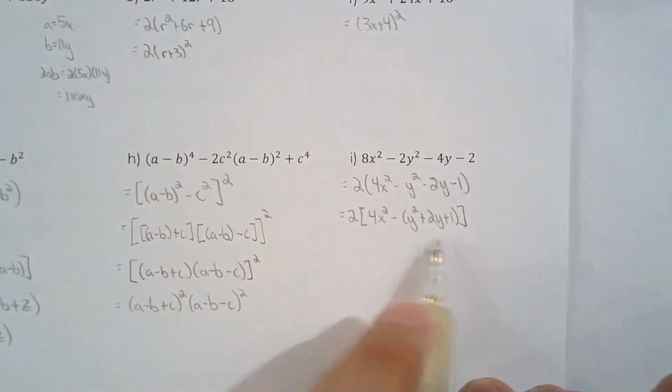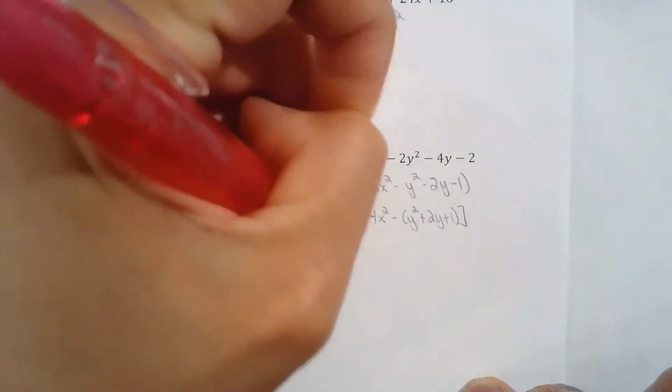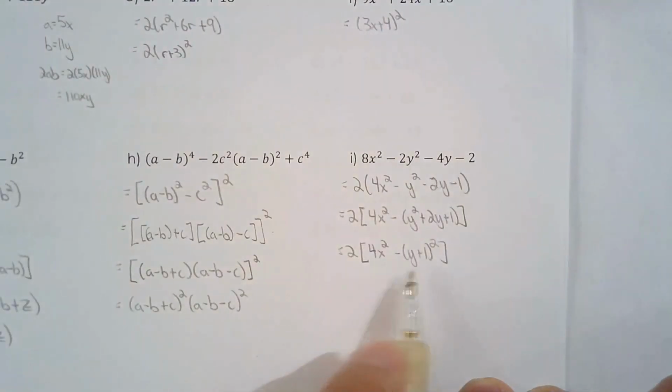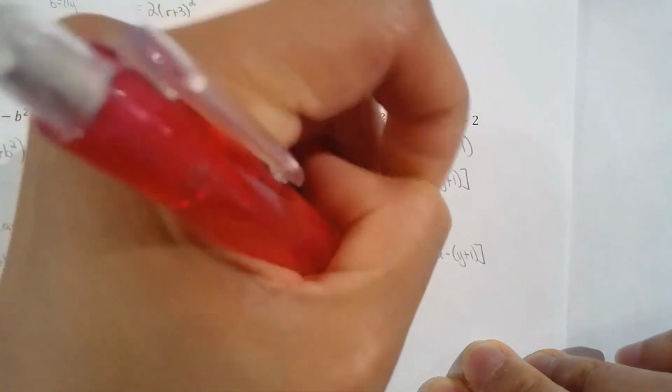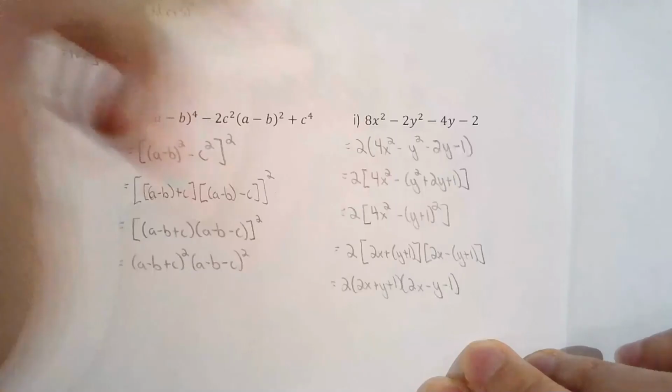And then, of course, I can turn that into a binomial squared. And then I have a difference of squares. Isn't that pretty? So (2x plus y plus 1)(2x minus y minus 1).